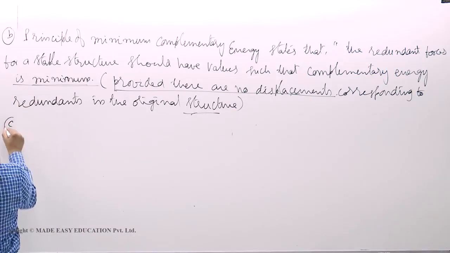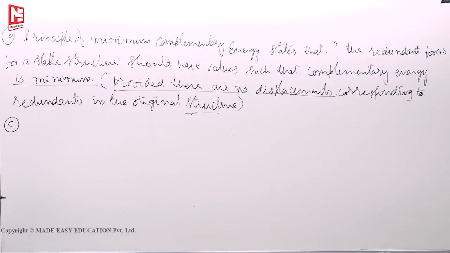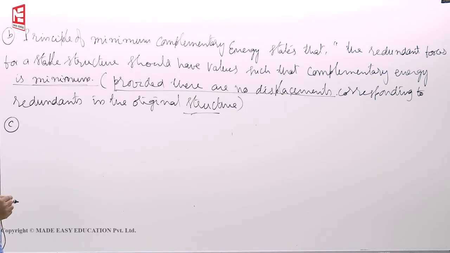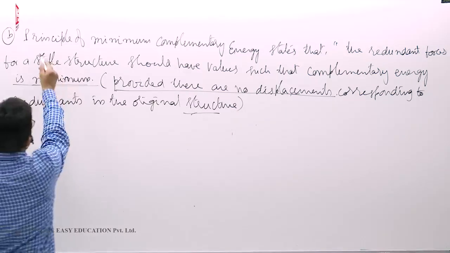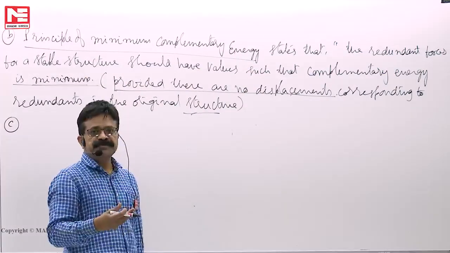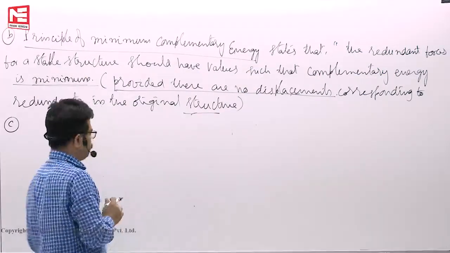Supposing that you have a linear elastic structure, I can replace complementary energy with the strain energy. Then the principle of minimum complementary energy reduces to the principle of minimum strain energy itself.